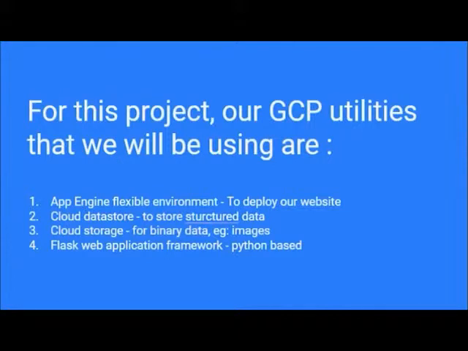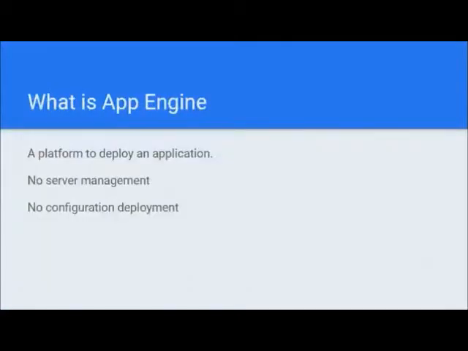The second one is Cloud Datastore, which is to store the structured data. The third one is Cloud Storage for binary data, for example the images and so on. And the fourth one is the Flask web application framework. It is Python based.